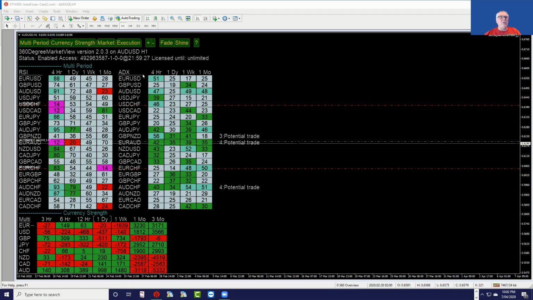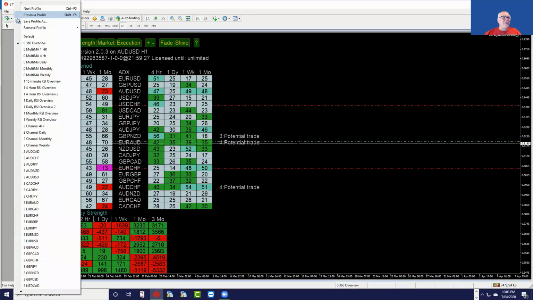And so if we read that first line up there, we see the Euro's reading for the ADX is 51, which means it's actually trending quite strongly. And the Euro for the RSI is 88. So if we went to the Euro's chart, we should see candles going up in a trending way.